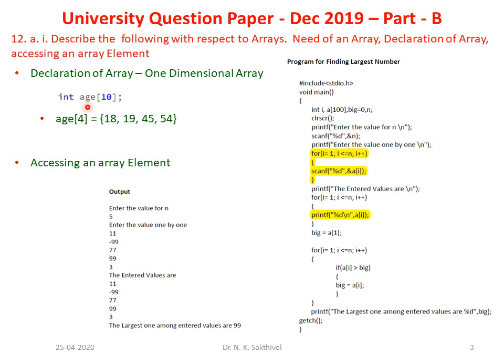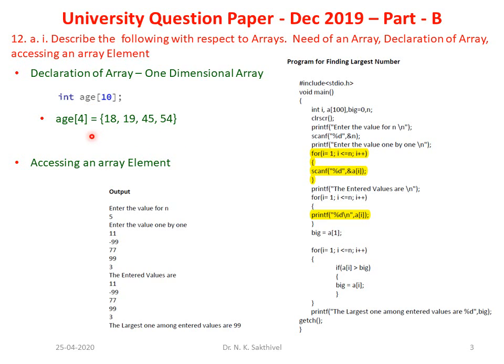For example, age is the variable, and the variable is declared as an array with size 10. Here I can store integer values, so this array is integer type. So int age[10]. After executing this, the C compiler creates a one-dimensional array with 10 indices, that means 0 to 9, under the name age.